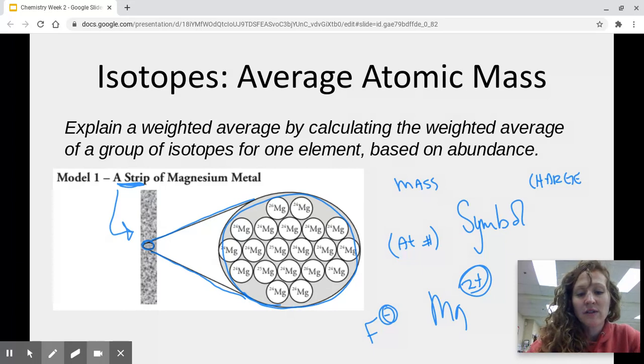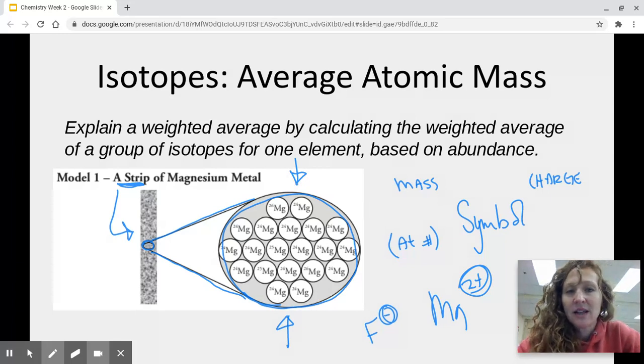Now, for all of these elements, all of these atoms that you see in our strip of magnesium metal, what we have here is elemental magnesium. And elemental anything is always going to be neutral. So the number of protons equal the number of electrons. We don't have a net charge on these atoms.